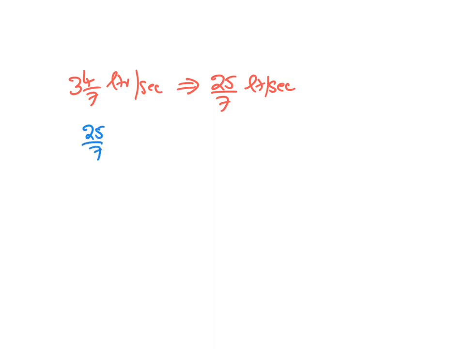Now since the question says 3 4/7 liters per second is emptied, if I change it into an improper fraction, that's 25/7 liters per second. Since 25/7 liters of water is emptied in 1 second, how much time will it take to empty 99,000/28 liters of water?